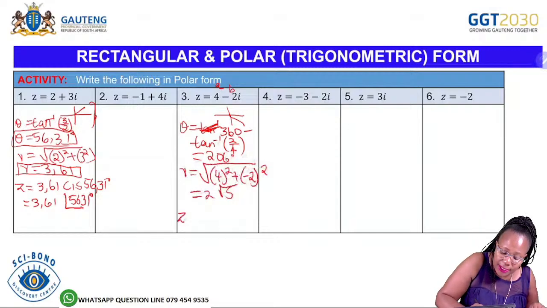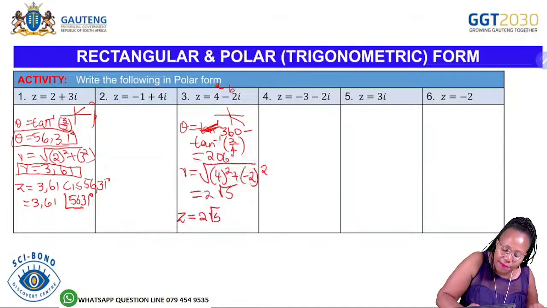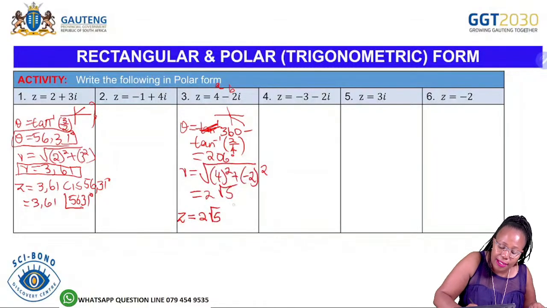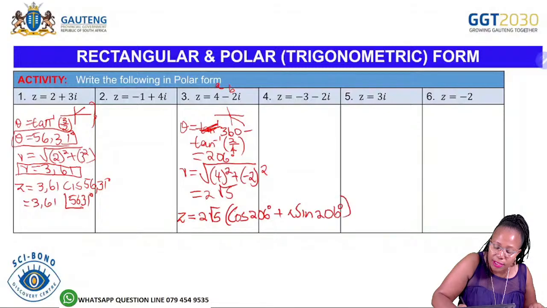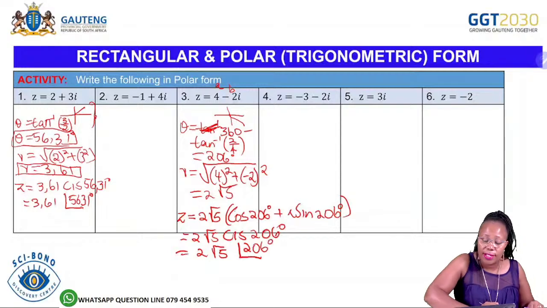You start with Z, it's a complex number, but in polar form, 2 square root of 5 times the bracket cos of 206 degrees plus i sine of 206 degrees. Or you can write 2 square root of 5 cis 206 degrees, or 2 square root of 5 with the angle symbol 206.